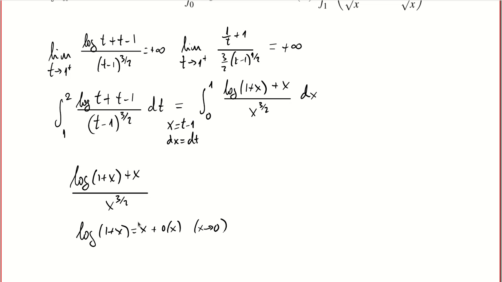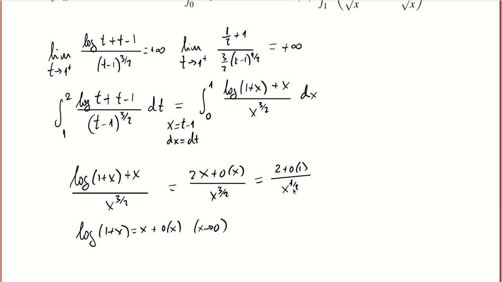So we can substitute this here, and then we have 2x plus o(x) up here, and down here we have x to 3/2. We have 2x because we have x plus x, right? It's 2x. Now we can divide by x the numerator and the denominator, and then we have 2 plus o(1) divided by x to 1/2.